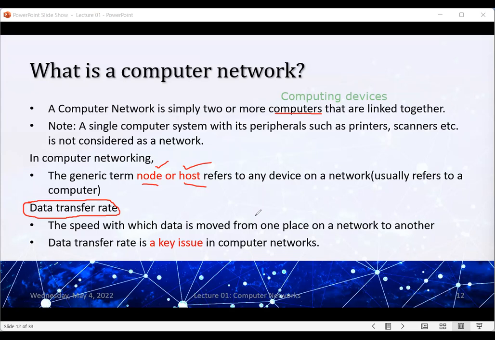When you design any network, when you suggest any network, when you implement a network solution, you should consider the data transfer rate, right? Is it clear, students? Yes, madam. Okay.